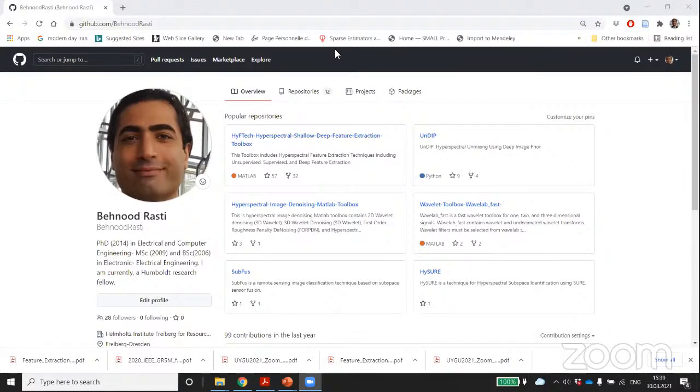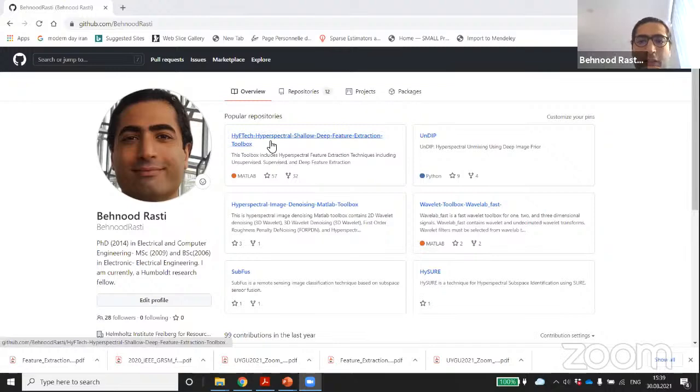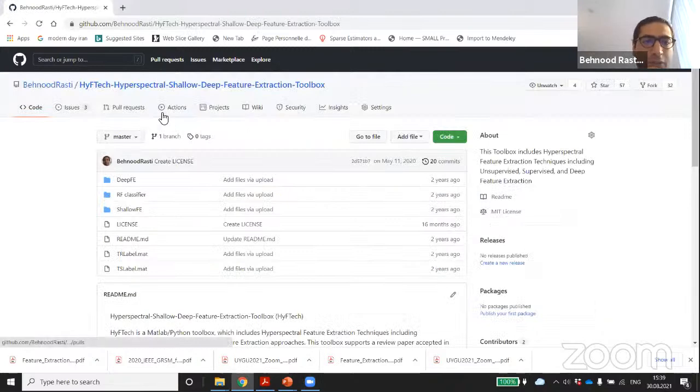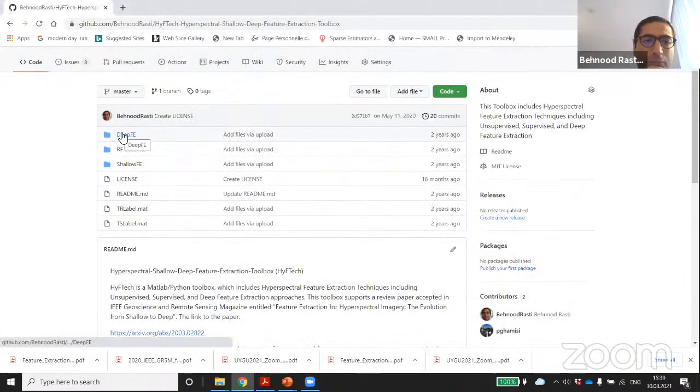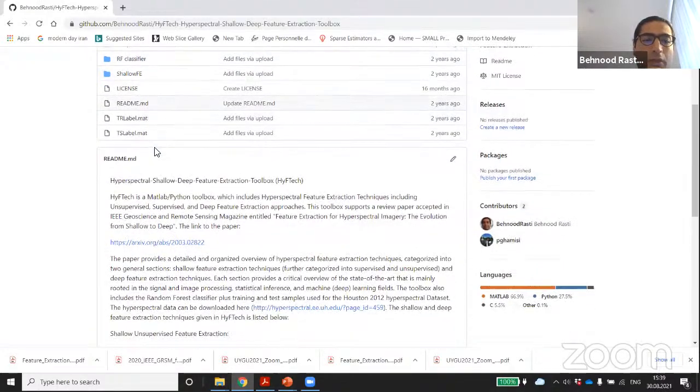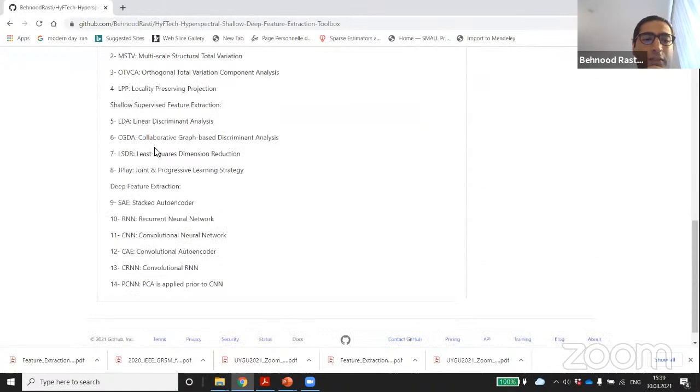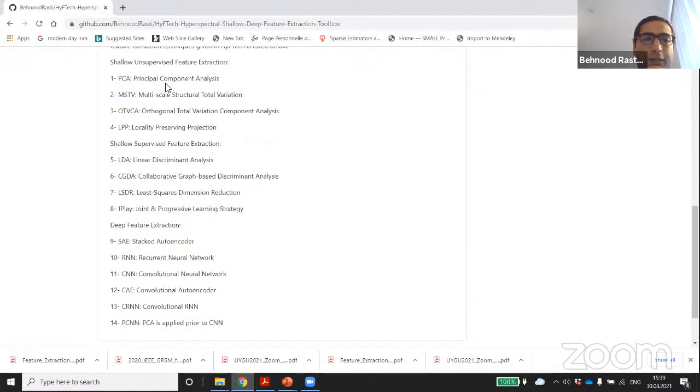The GitHub page. Yeah. So this is basically the toolbox that I was discussing, and if you go through the toolbox, you will see a folder for deep feature extraction, and then a folder for shallow feature extraction, which contains unsupervised and supervised techniques, and then you have the RF classifier as well. So these are all the techniques that we covered in this paper, and also you can find them in the toolbox.